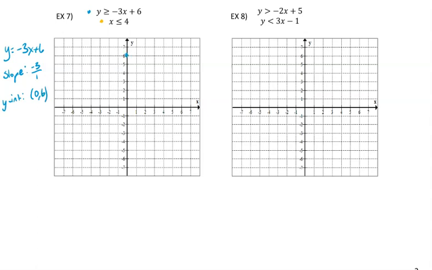So I'm going to start up 6. Then we go down 3 and over 1. Over and over. And put the solid line through that. This one's greater than or equal to, it means we're going to shade above. Again, just remember, once it starts getting a little more vertical like that, you can't quite tell what's above, what's below.